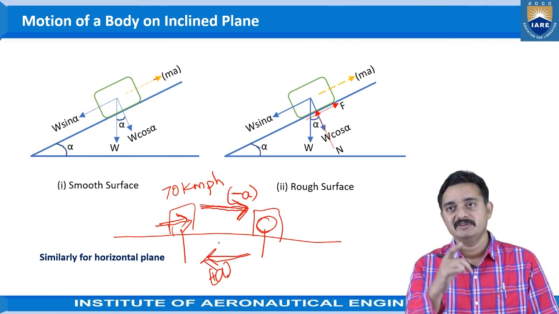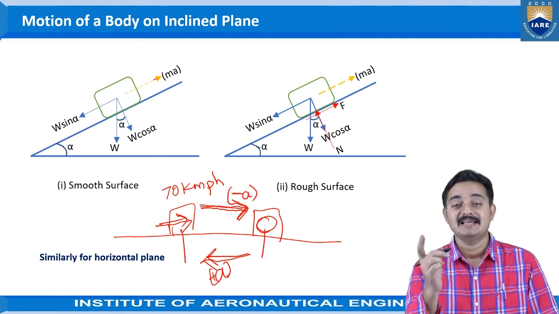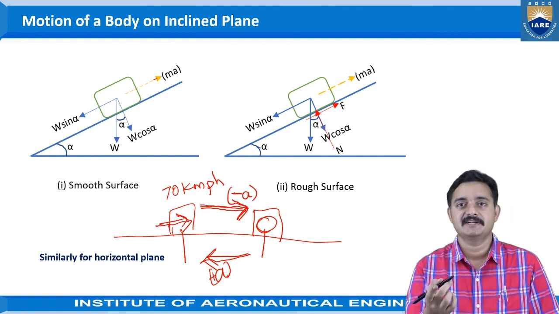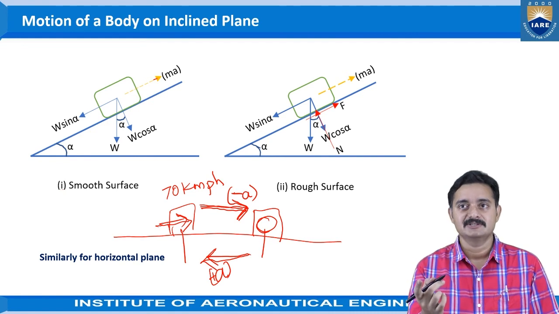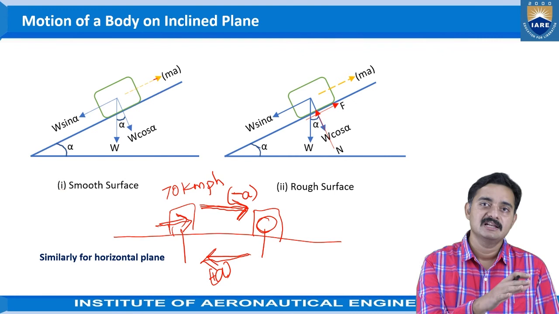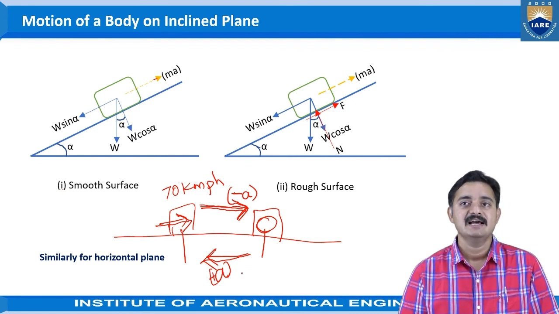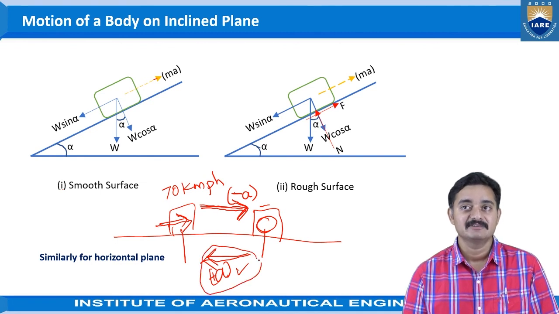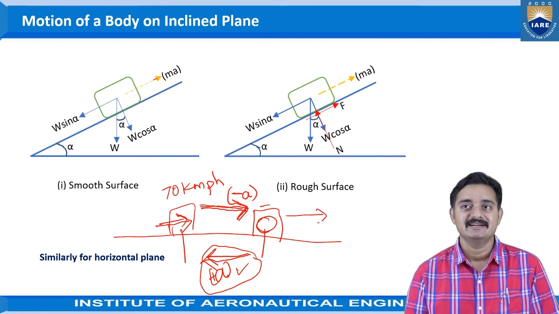Even though the car is moving in the right side direction, the acceleration is in the left side direction, since it is actually decelerating in the right side direction. So in this case, the inertia force will be applied in the right side direction.